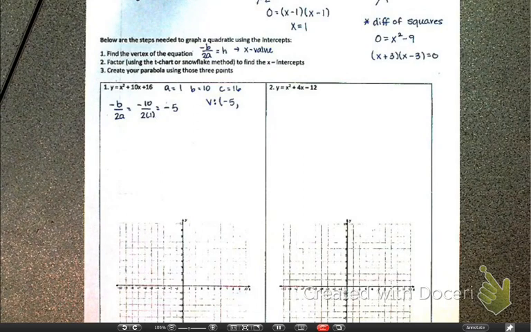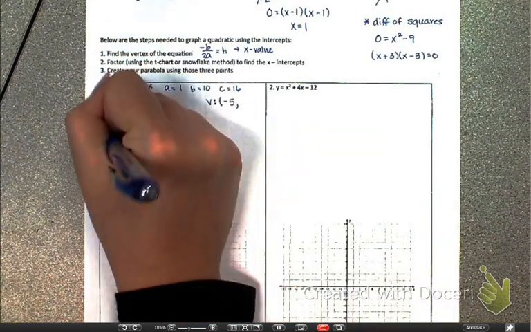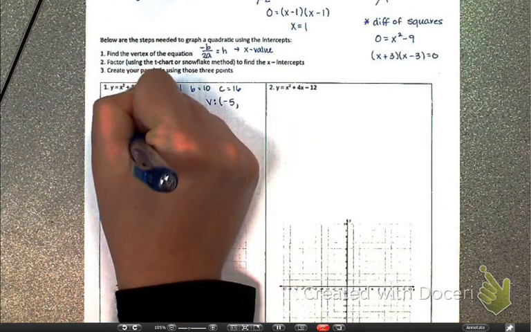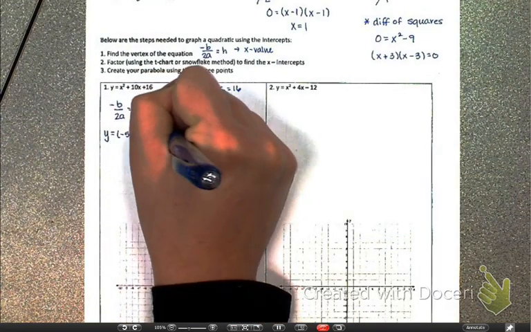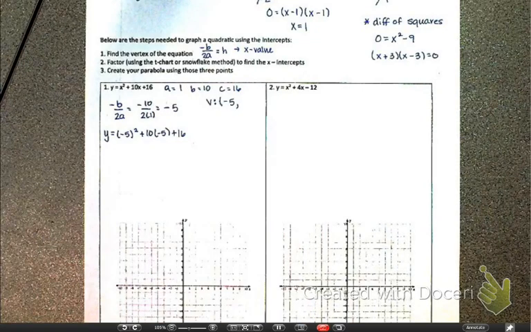But I also need the y value. So just like we did yesterday, y equals negative 5 squared plus 10 times negative 5 plus 16. As I was helping some of you with homework yesterday, you messed up because of positives and negatives. You need to be very, very careful.